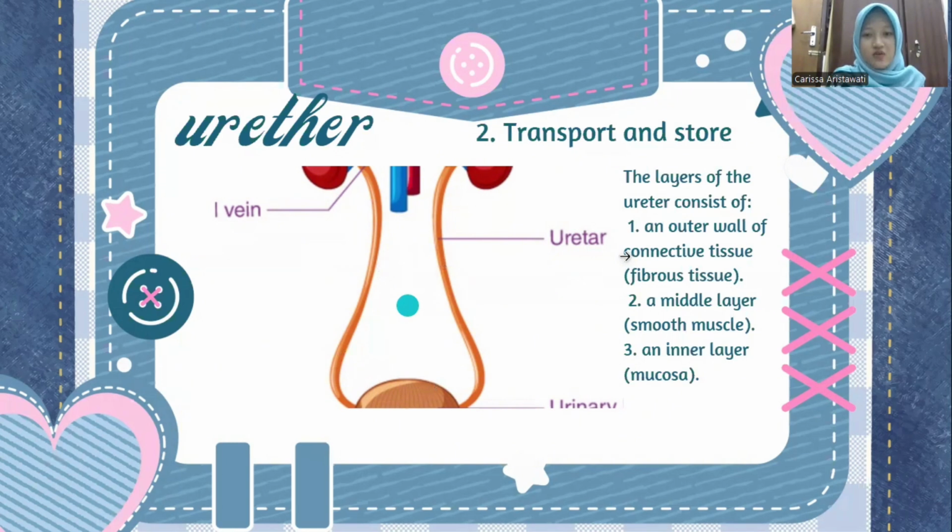The outer wall of connective tissue is called the fibrous tissue, the middle layer is smooth muscle, and the inner layer is called the mucosa, which is water resistant. And the movement of the muscles here is peristaltic, so it will push urine formed from the kidney down to this bladder.